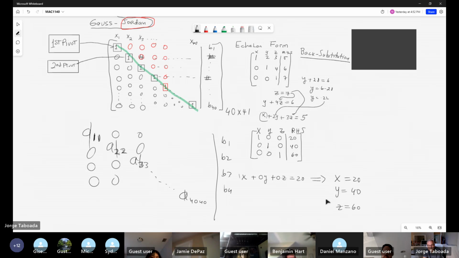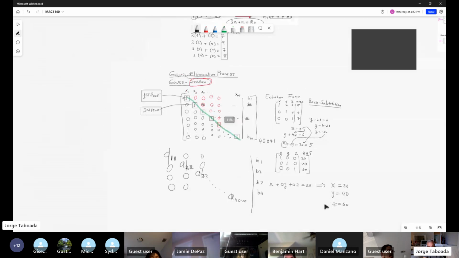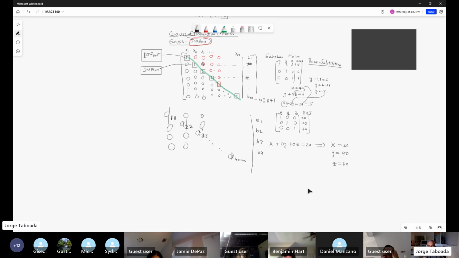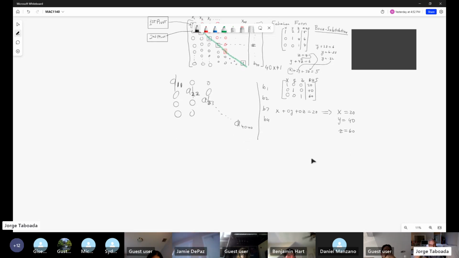Fortunately, we have different tools to understand that situation. Okay, the most important tool is one software, GeoGebra.